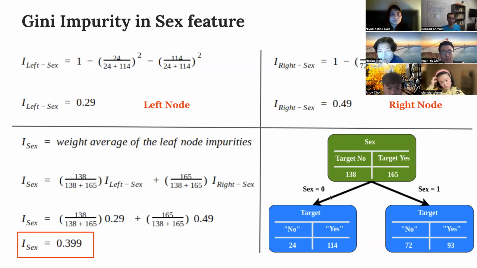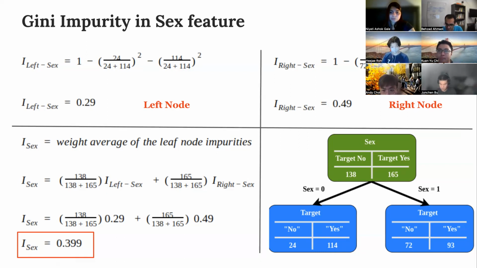Let's assume that if you split by sex equal 0, you'll get the following. And the other branch would be this, right? Again, the total of 93 plus 114. There's some miscalculations here.